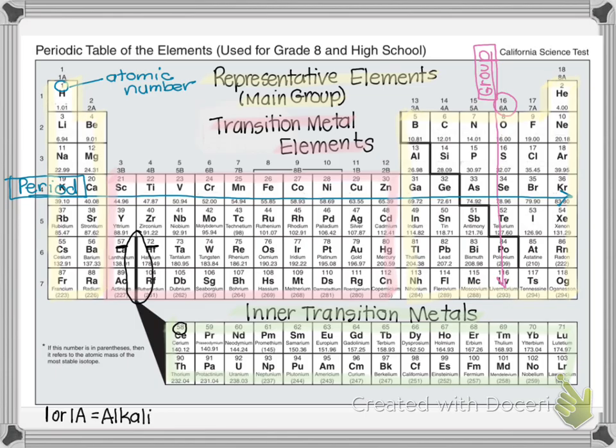It's 2 words. I want to try to put them all down here, so that's why I squished it. Group 2A or group 2, I'll try to be consistent, 2 or 2A. So that's the second group on the periodic table. These are alkaline earth metals.